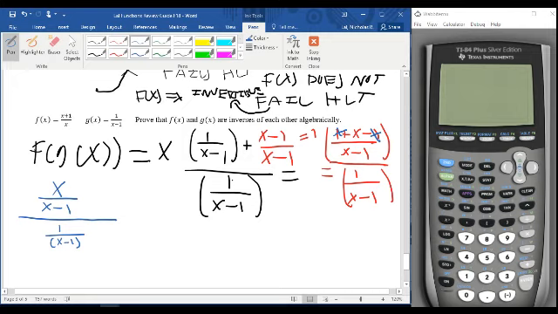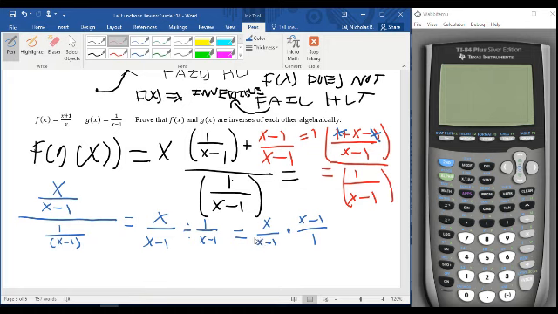When we divide two fractions, that's the same thing as keeping your numerator fraction x over x minus 1, multiplied by the reciprocal of 1 over x minus 1, which is x minus 1 over 1. We see that our x minus 1's can cancel out, and that's equal to x over 1, which is equal to x.